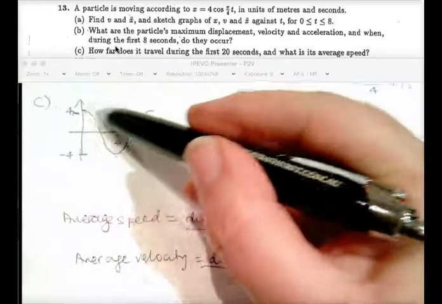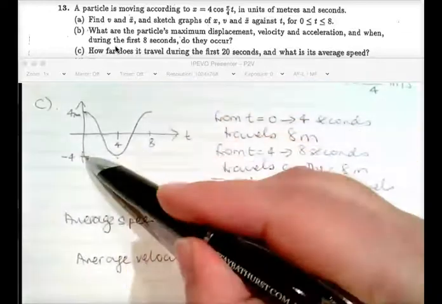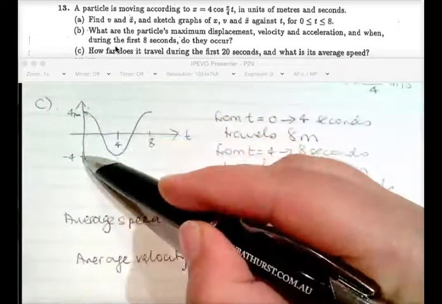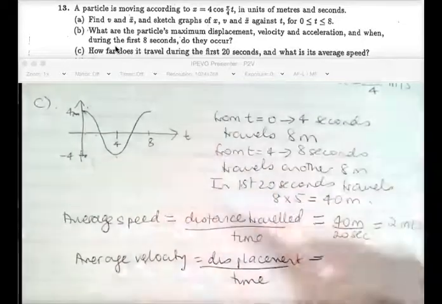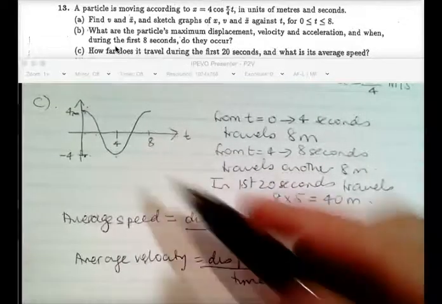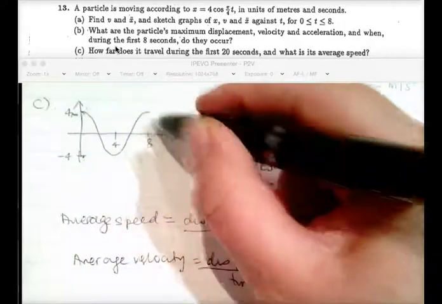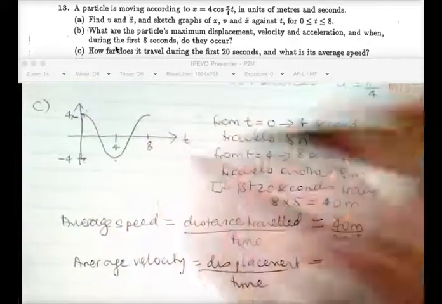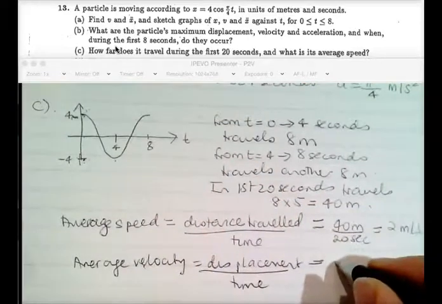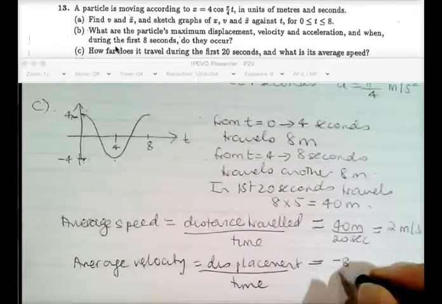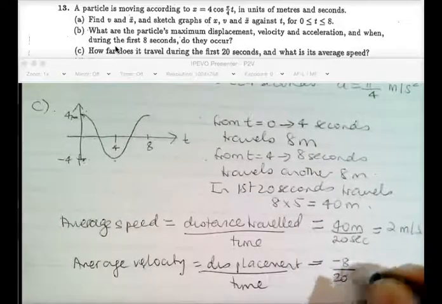I will do it. If it starts here, it goes down there. That's 4 seconds, 8 seconds, 12, 16, 20. The actual displacement is final position minus initial. It actually ends up at -4. So it's -4 minus 4. It's actually -8 over 20.